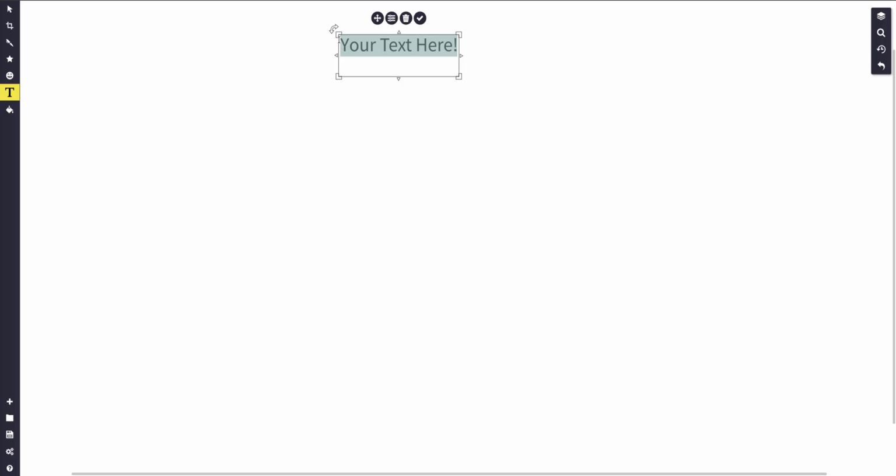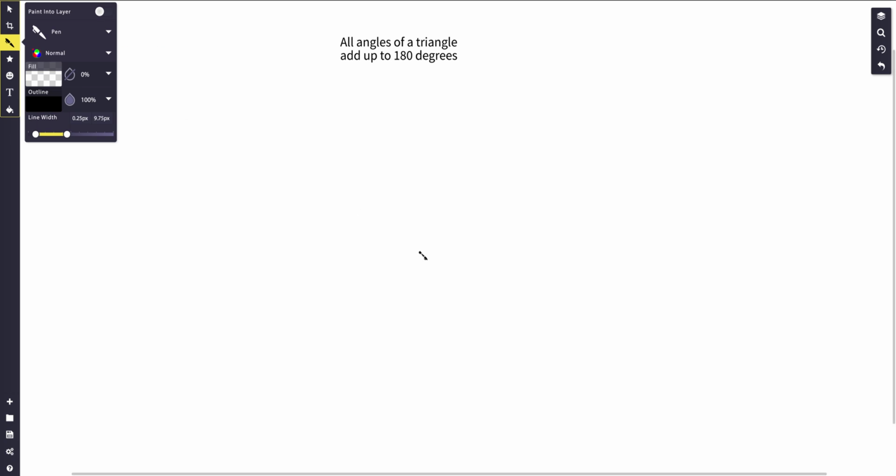So the first one is that all angles of a triangle add up to 180 degrees. Okay, so this should be a fundamental thing you guys should know and associate with triangles. Let's just say we have a triangle right here.